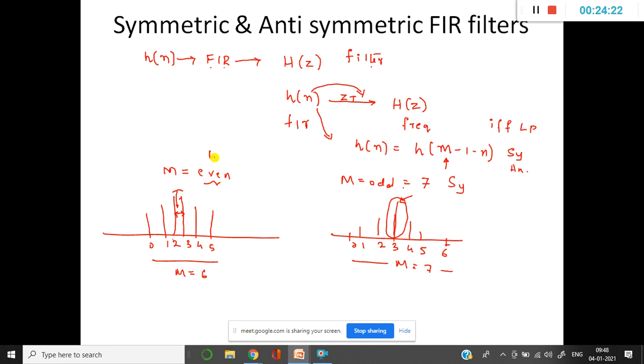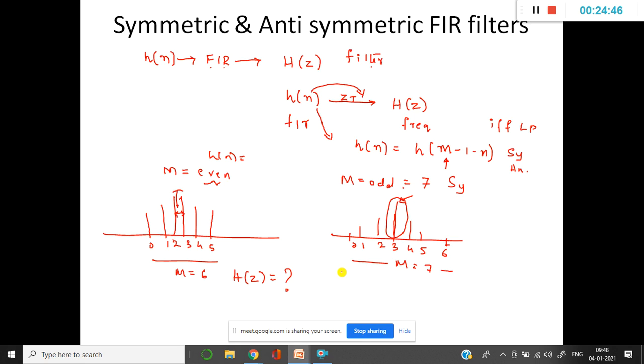If m is even, h of n is symmetric or antisymmetric, and likewise when m is odd. In these conditions, how do you obtain h of z? This is my question, and this is the point where I should derive.